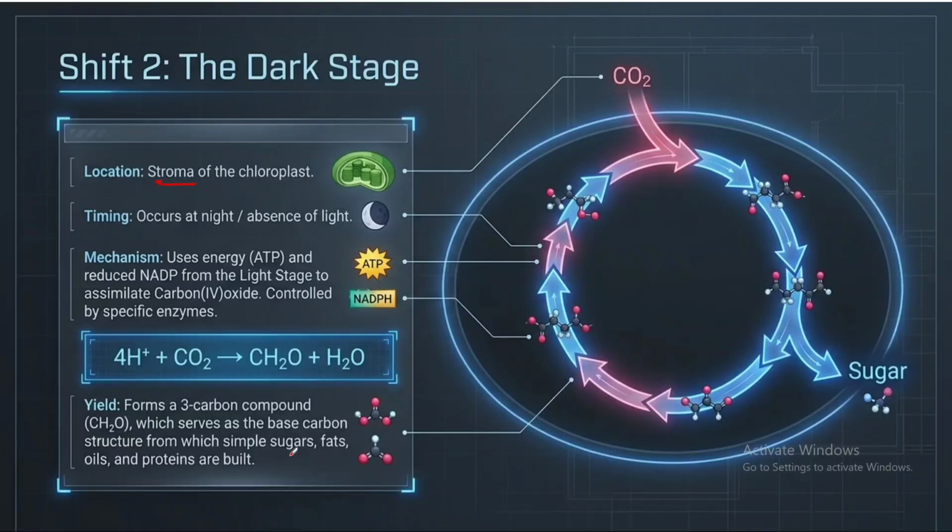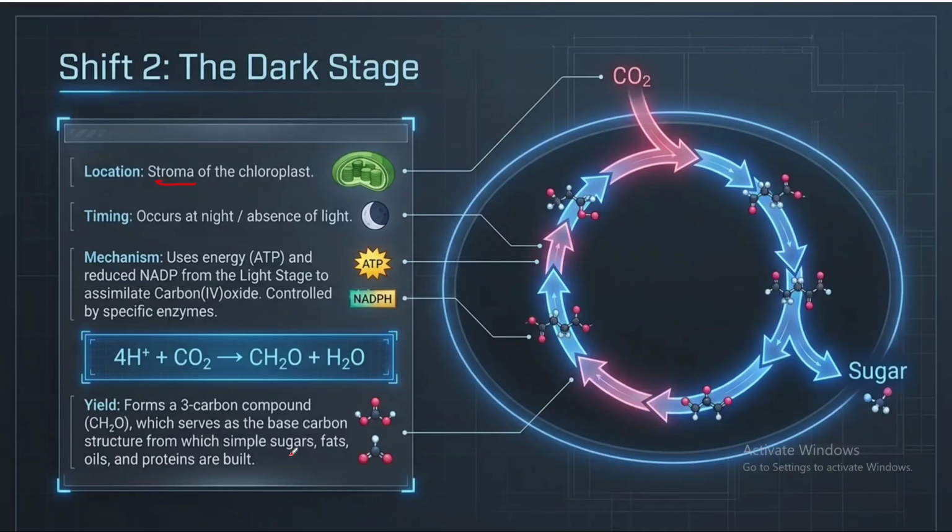Now let's quickly recap the important events that happen during the reaction stages of photosynthesis. The first one is during the light stage, we have one, photolysis, that is splitting of water, and then second, release of oxygen. The third one, reduction of NADP to NADPH, and also production of ATP.